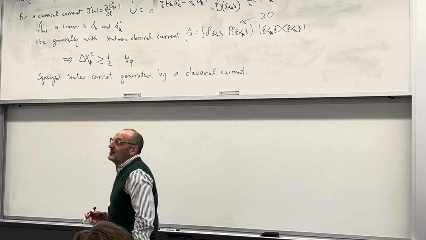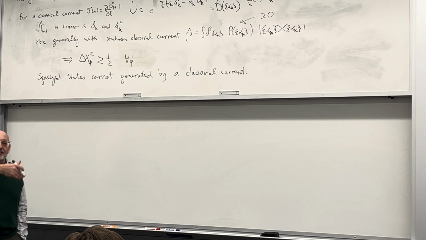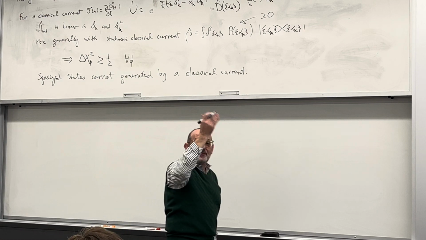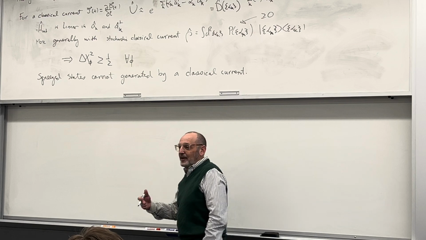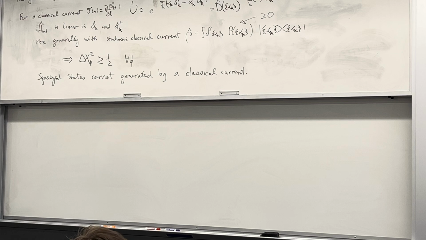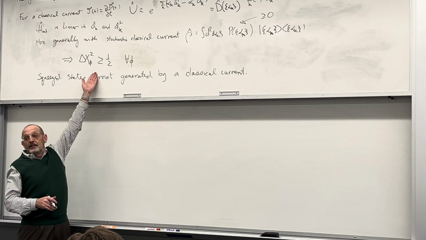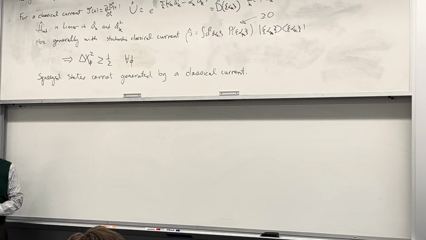So we need to think about some source that we would say is a non-classical source. It's not a source that I can think about as just oscillating dipoles. There's something intrinsically quantum mechanical about the source that would be necessary in order to violate this assumption, okay?